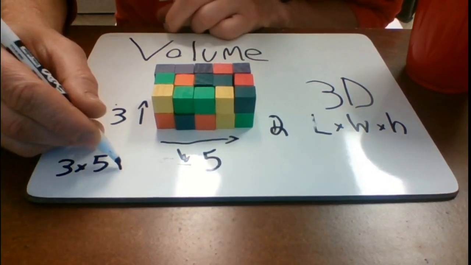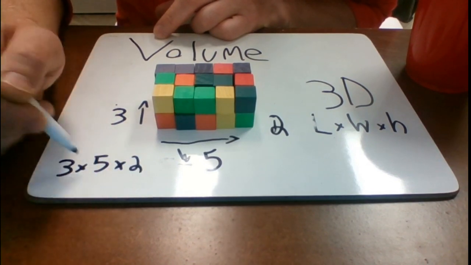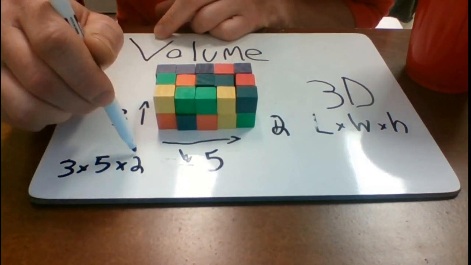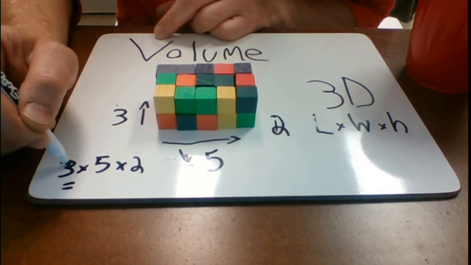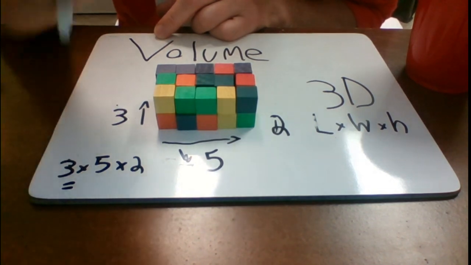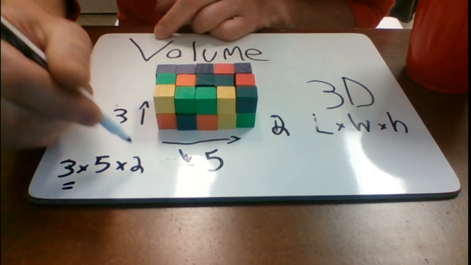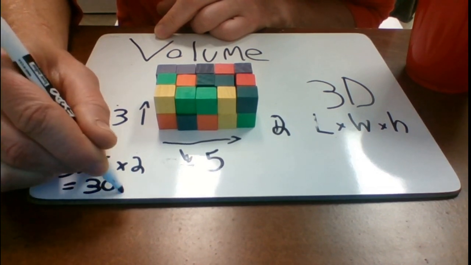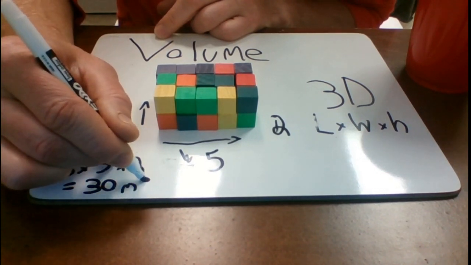So we're going to do 2 layers times 2. Our length times our width times our height. 3 times 5 equals 15. But we have 2 layers. So 15 times 2 is 30 meters cubed.